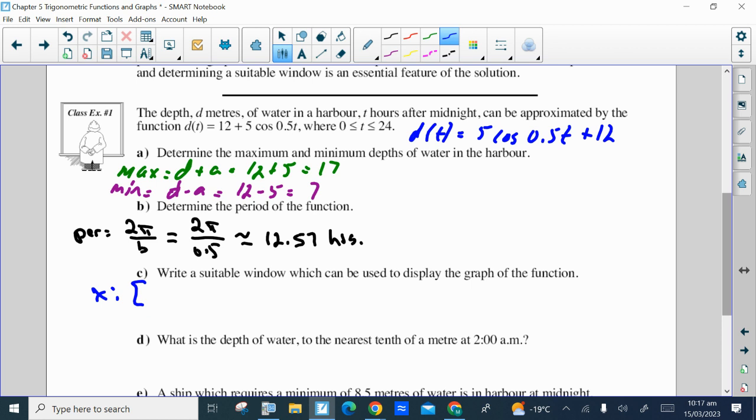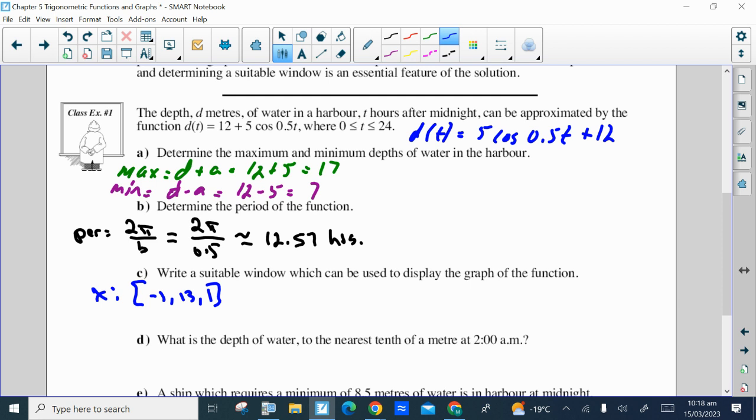Okay, but the period will help us determine what the windows need to be. If we need to see one cycle of this graph, our x min and max must include at least 12.57 hours. So maybe I might go from a minimum of -1 to a maximum of 13 and a scale of 1.